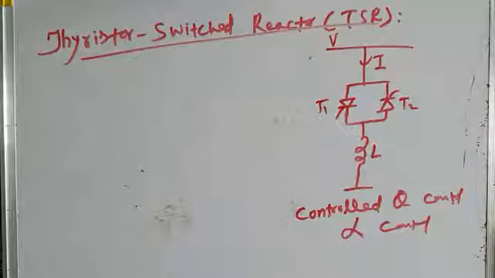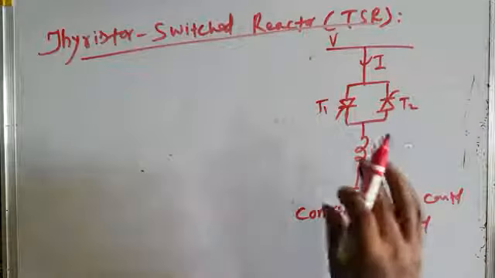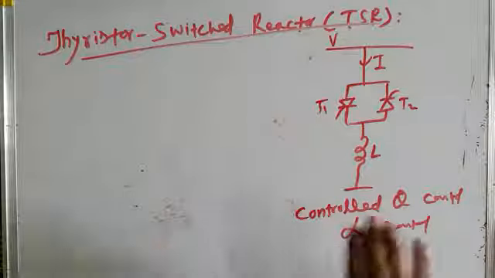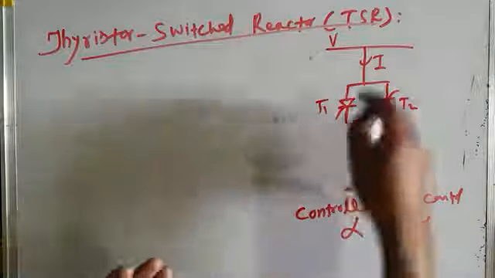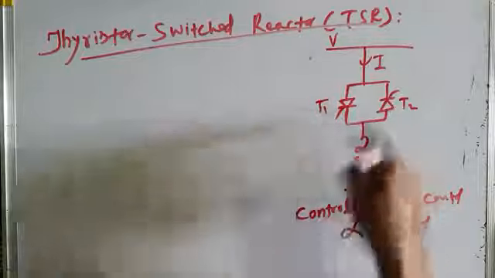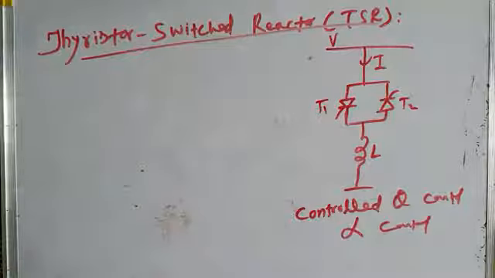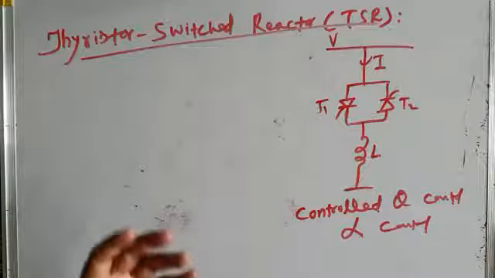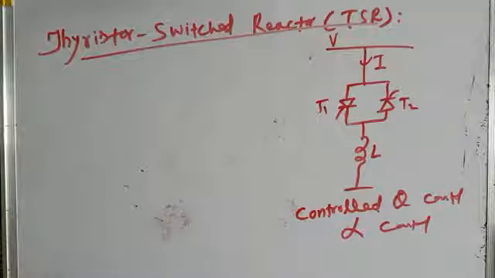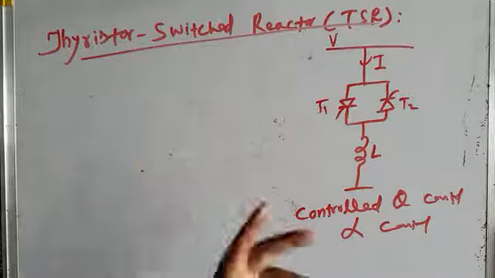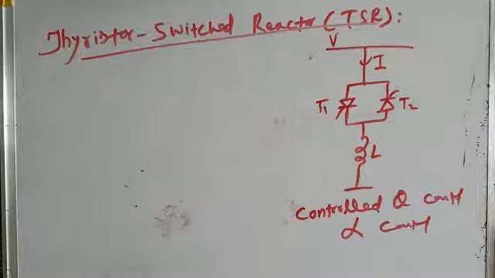When it is fully on, it will absorb the maximum reactive power, and we cannot control it. If the reactive power to be absorbed has to be varied, we cannot vary that through TSR, because TSR operates at only one delay angle, alpha equal to 90 degrees, and it absorbs only the maximum reactive power. It cannot change the reactive power absorbed, because alpha control is not exercised here.